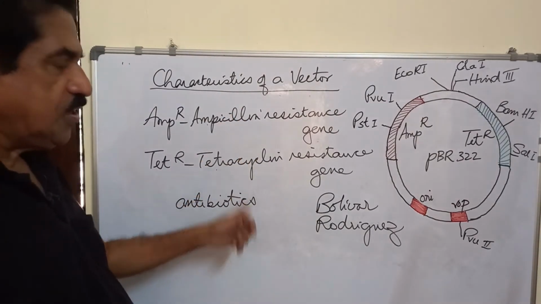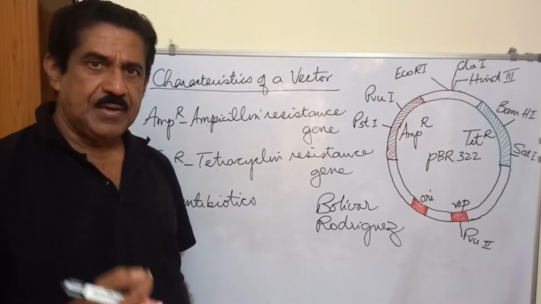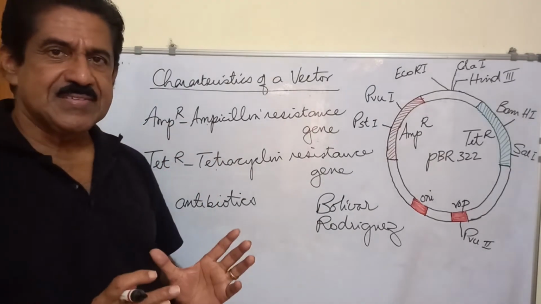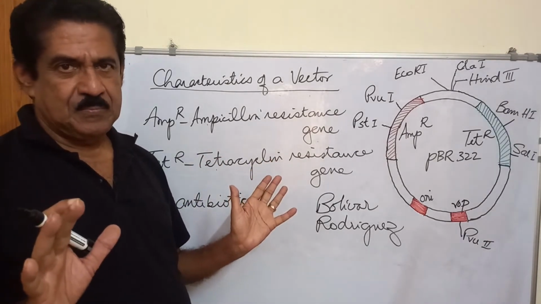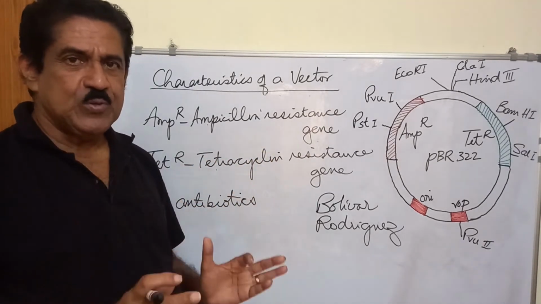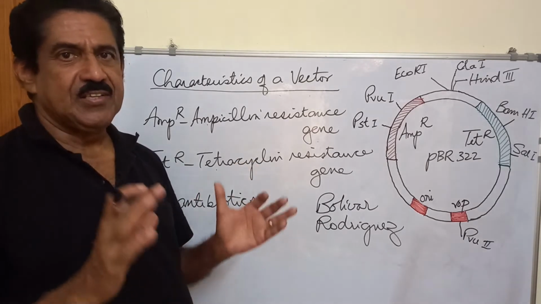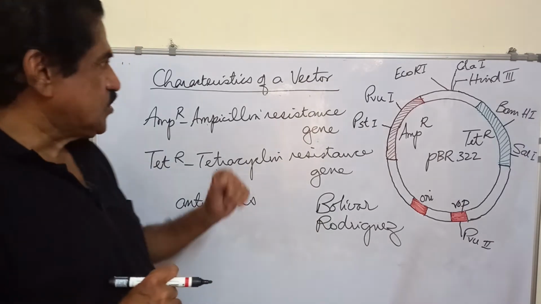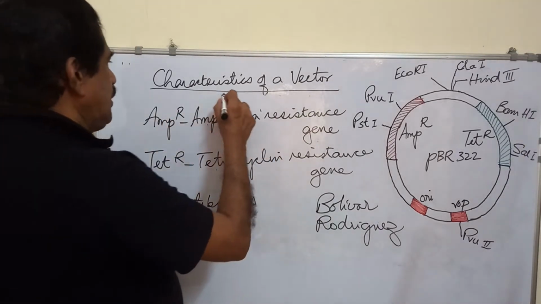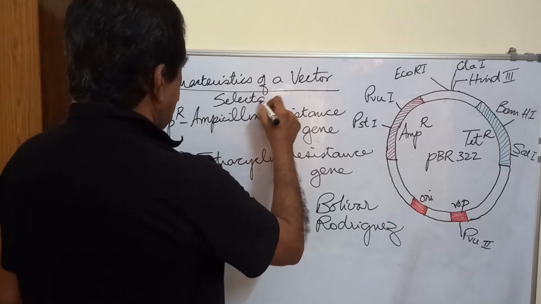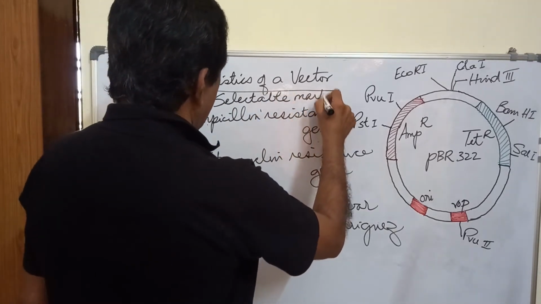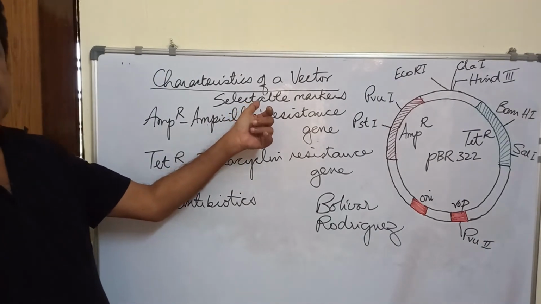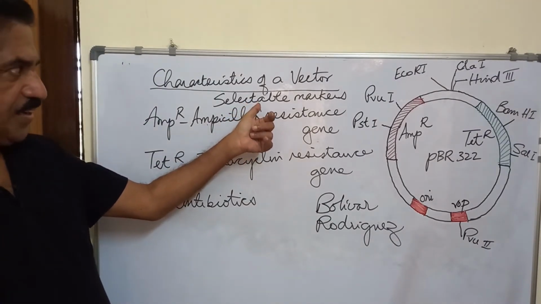The tetracycline resistance gene produces an enzyme that breaks down the antibiotic tetracycline. So these are used as marker genes, which means they are used to select bacteria which contain the foreign gene, or we can say recombinant bacteria. That is why they are called selectable markers. All vectors should have selectable markers. So that's the second characteristic.